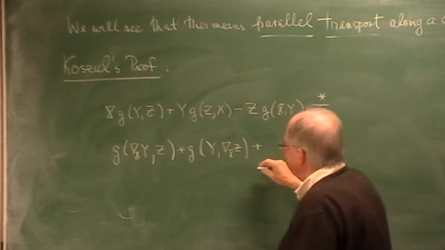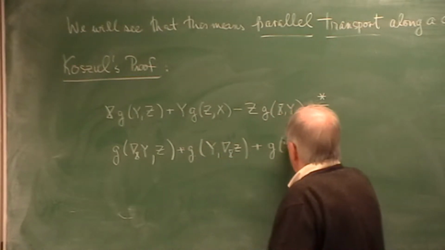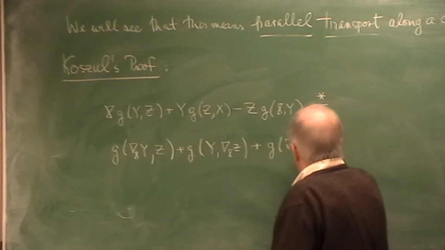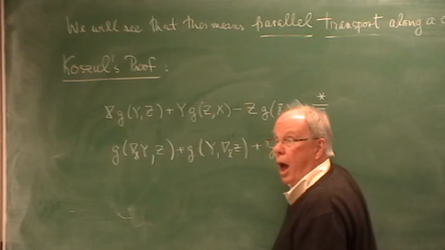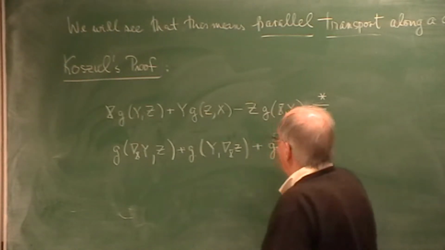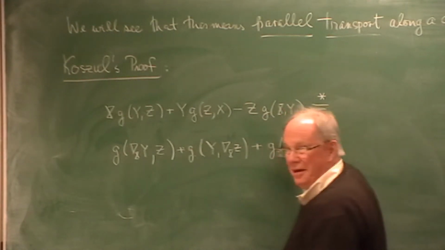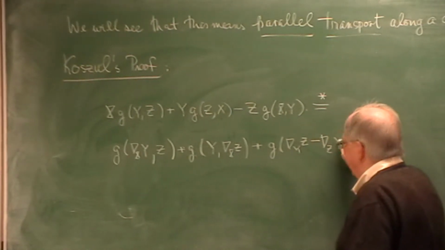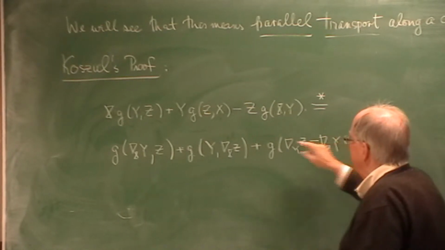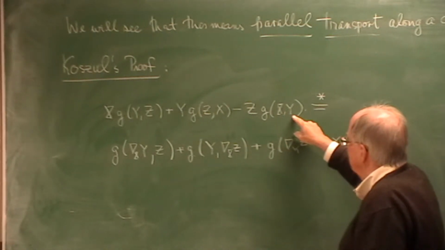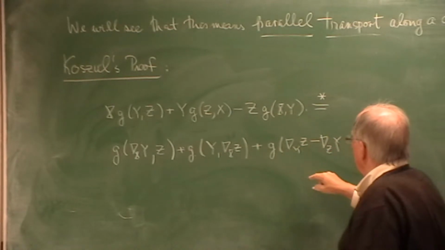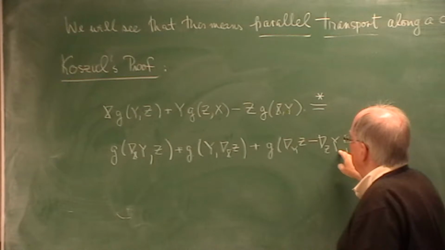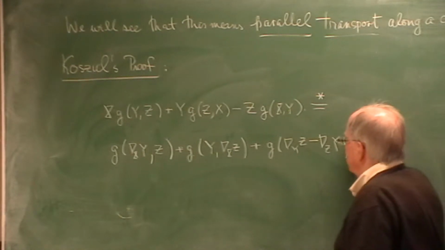I will continue on. This is G of nabla Y of Z. Here I have nabla Z of Y, minus nabla Z of Y. I hope that's right.